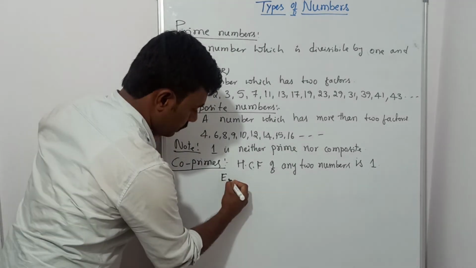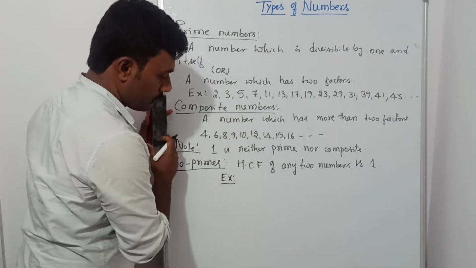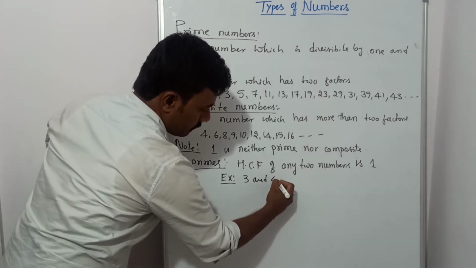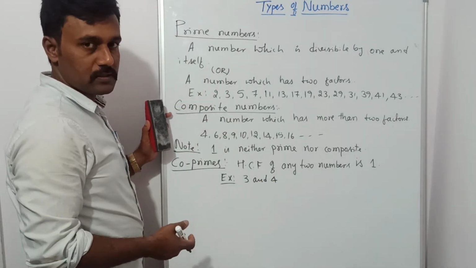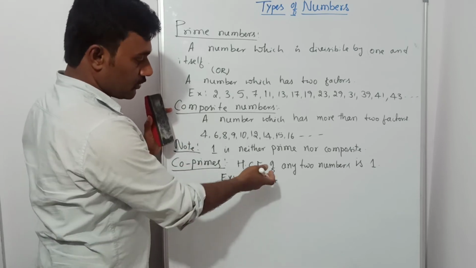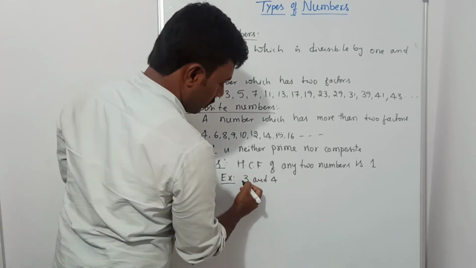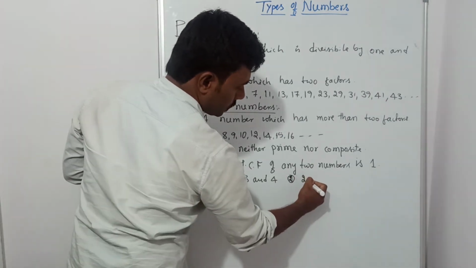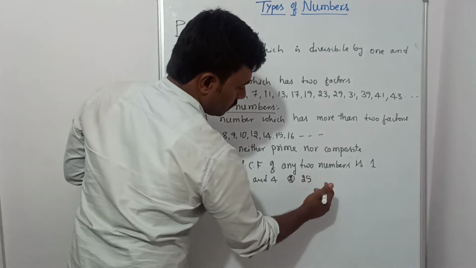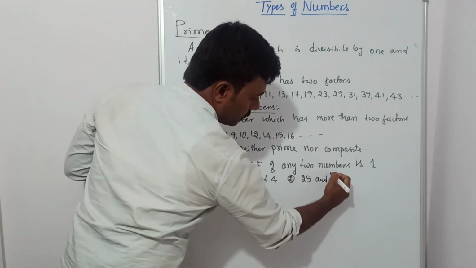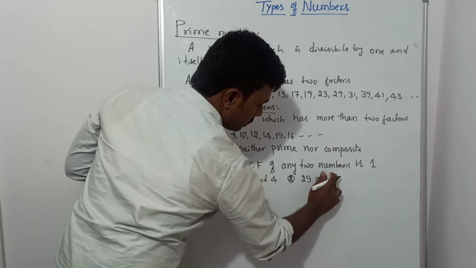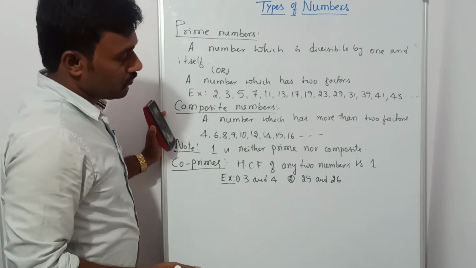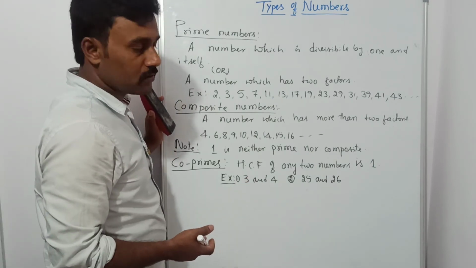Example, 3 and 4. HCF of 3 and 4 is 1. Therefore, these two are co-primes. You can give one more example, 25 and 29, or 25 and 26. These two are co-primes.